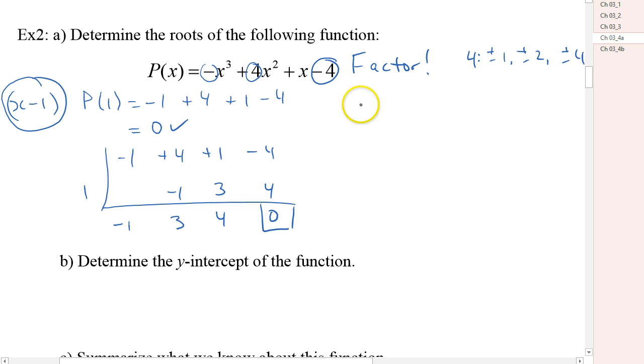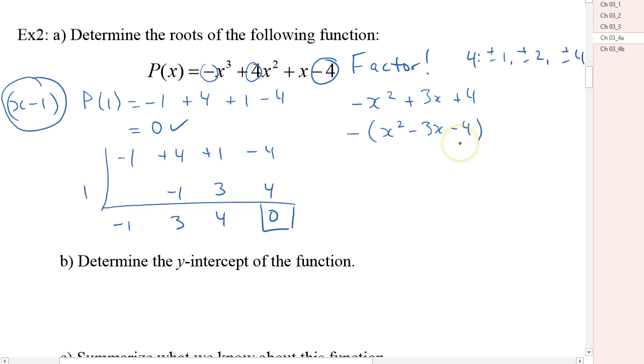And now I've got negative x squared plus 3x plus 4. If you're like me, I find it a little uncomfortable to have that minus x. I'd much rather have a positive. So what I'm going to do is factor out a minus here, and then everything inside changes sign.